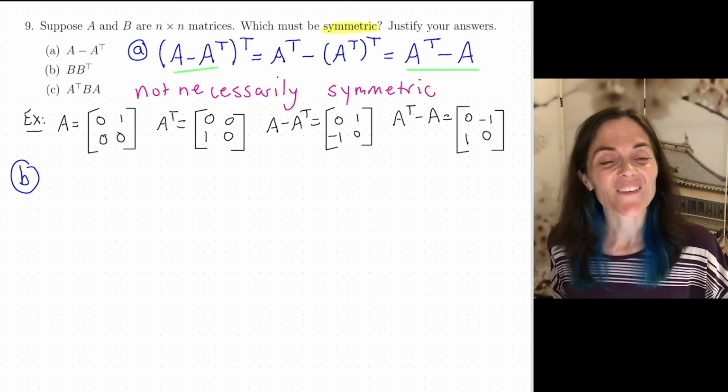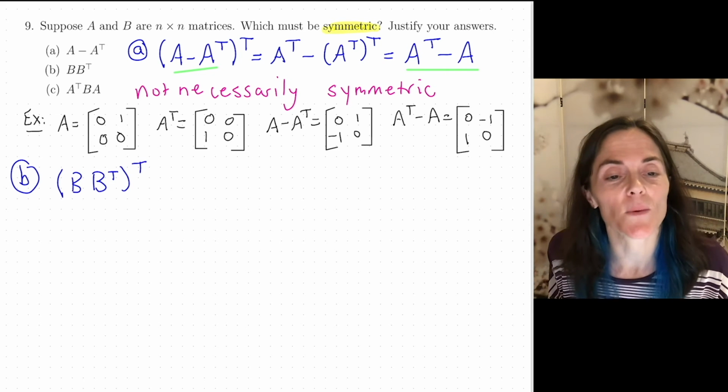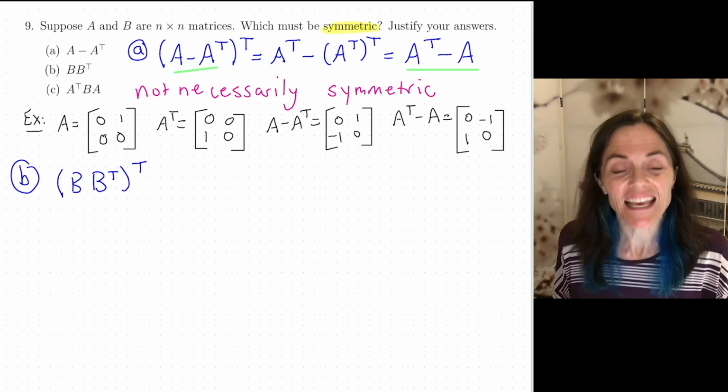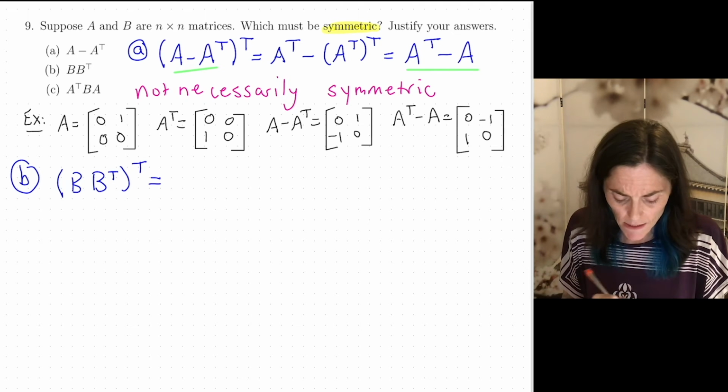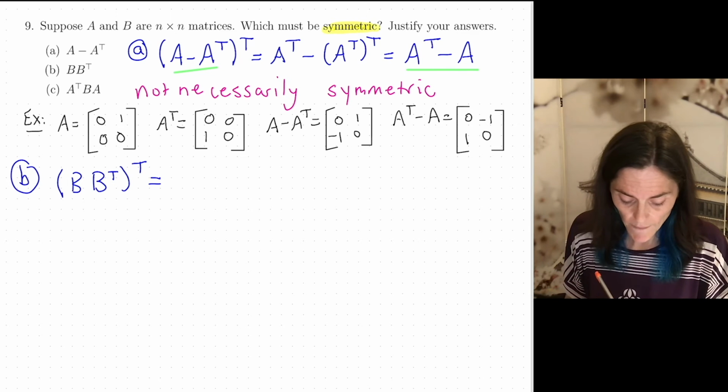Letter B, well, okay, we start the same. We want to take the transpose of this matrix and see, do we get back B transpose? If we do, the answer is yes. This uses, how do we take the transpose of a product? And it goes in the opposite order.